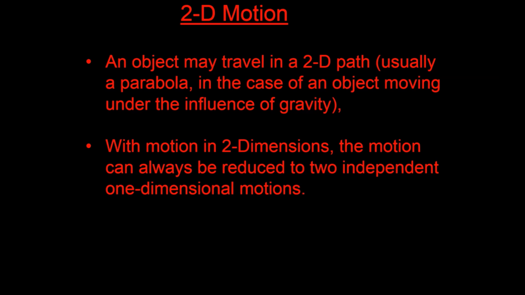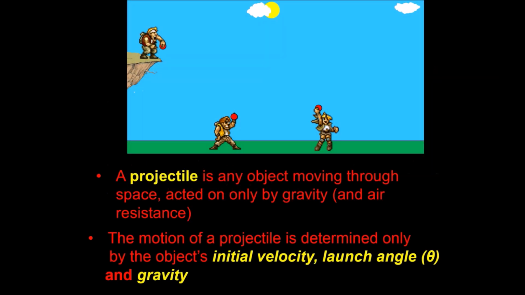So with motion in 2 dimensions, of course, remember, you can create 2 independent one-dimensional motions to solve. So when we deal with a projectile and we talk about a parabola, there's a whole family of different parabolas you could have, essentially, or different behaviors under the action of gravity. Your object could just drop straight down. Your object could be thrown up at a very high angle, creating a very steep curve.